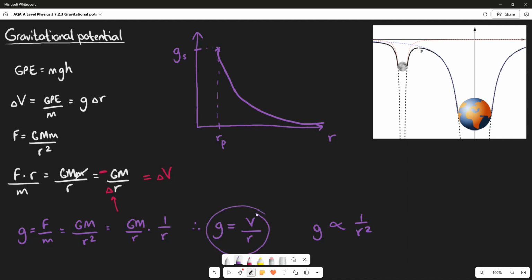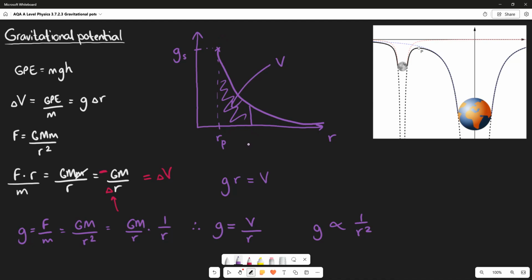If we have a look at this relationship, we can see that if you take the area beneath the graph, that would be gravitational field strength multiplied by radius, and that would give you the gravitational potential. So this area under here is the gravitational potential that it would take to go from this radius to this radius.